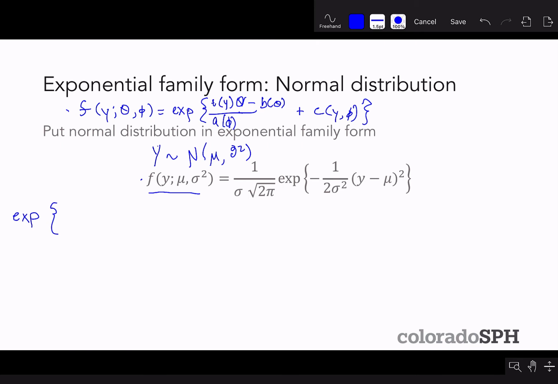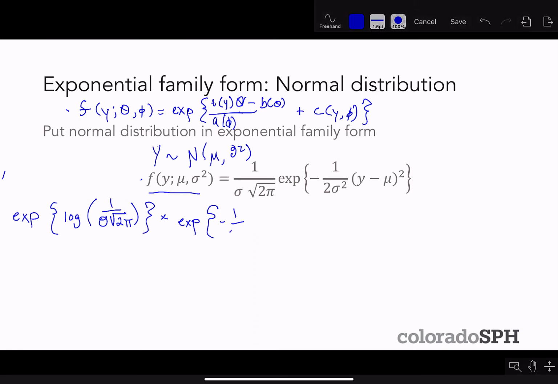And so that's going to be e to the log of 1 over sigma times the square root of 2 pi, times this other exponentiated part that we have over here already. And taking the exponent of that first term is just going to allow us to combine it with that second term so that everything is exponentiated and it looks a little bit more like the exponential family form.